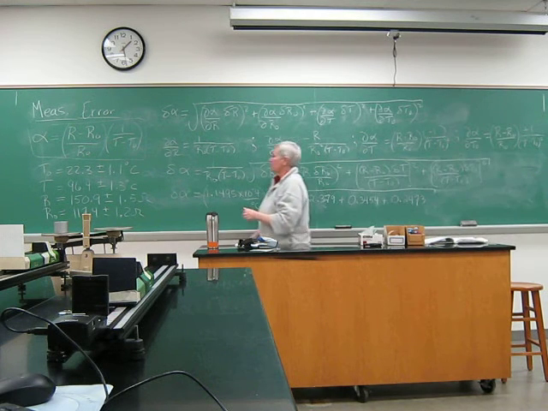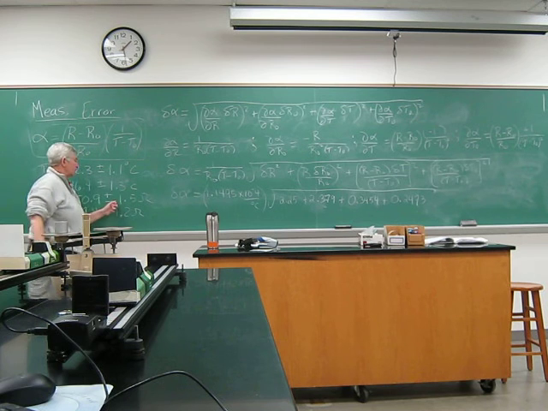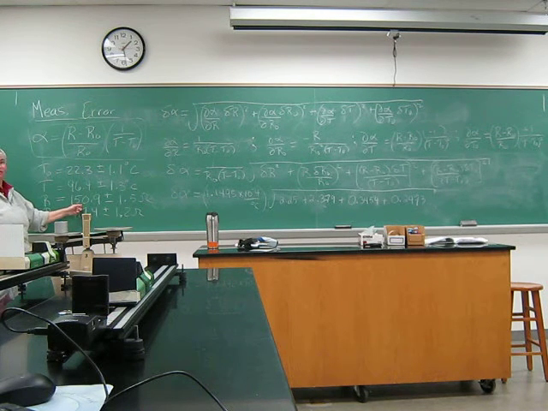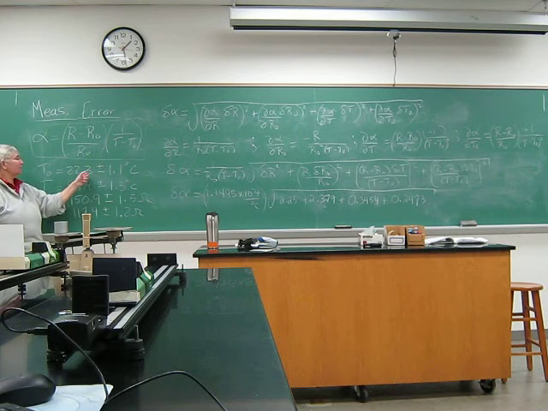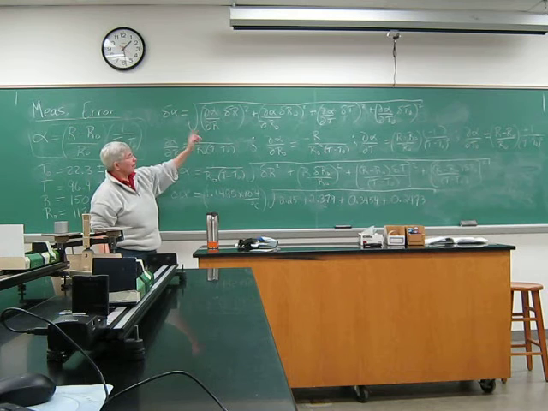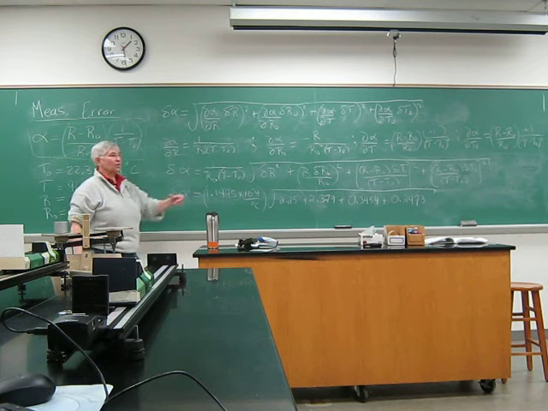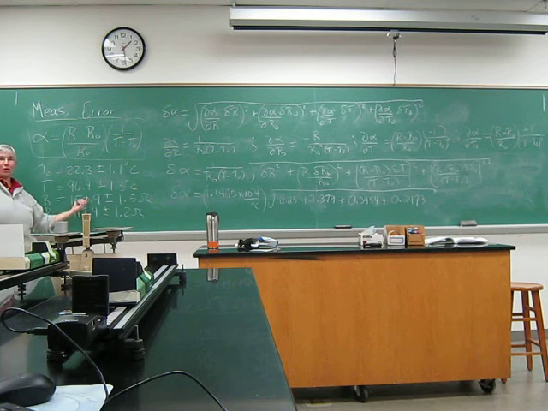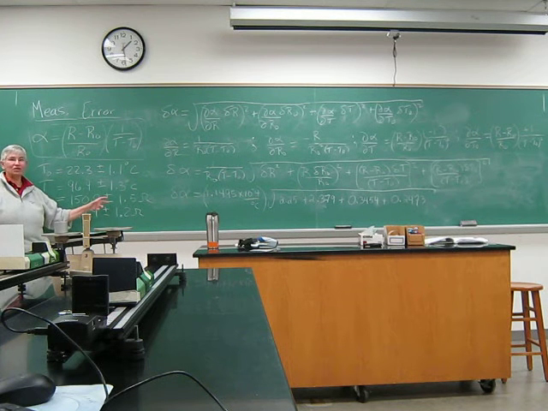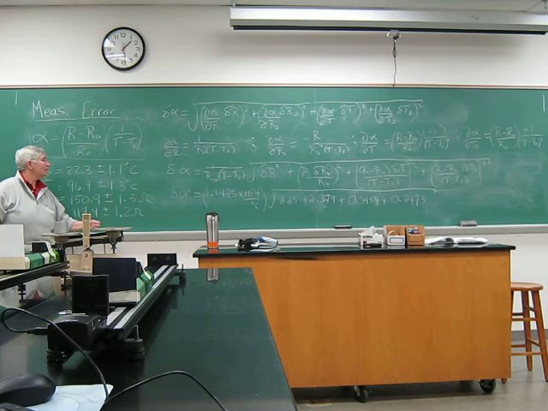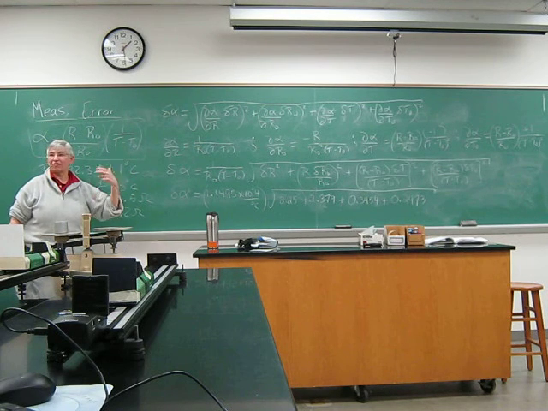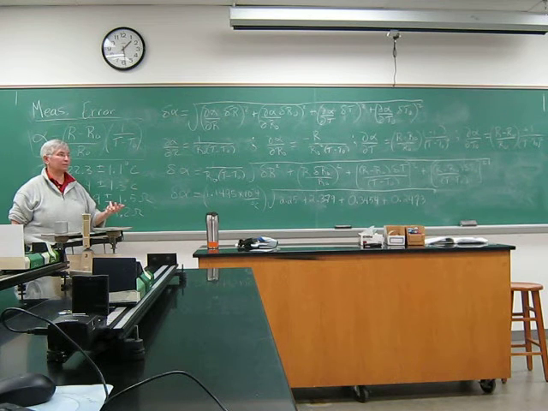Even though the fractional uncertainty of this to this is smaller than the fractional uncertainty of this to this, when you look at the difference of R minus R naught, that's only a resistance of about 33 ohms. So these individual uncertainties compared to 33, versus this compared to about 70, the temperature becomes less of a factor than I thought it would be.